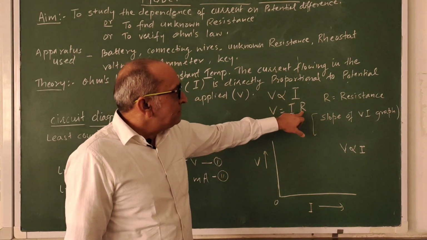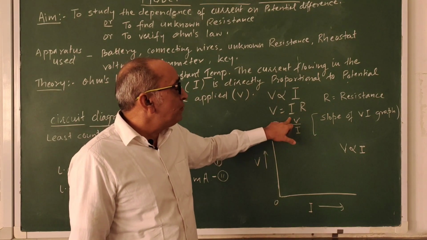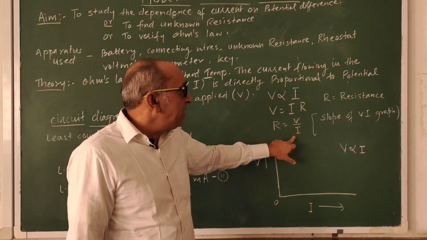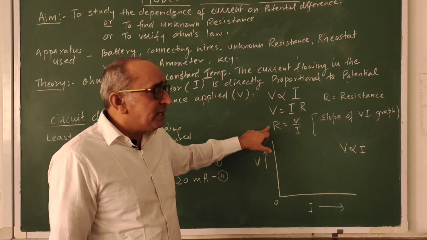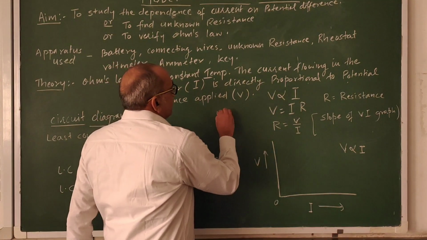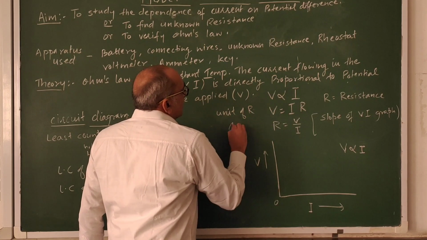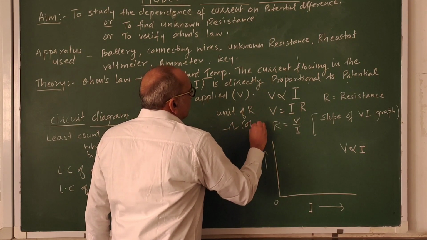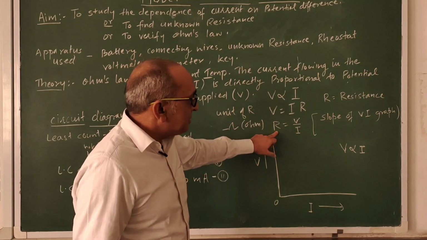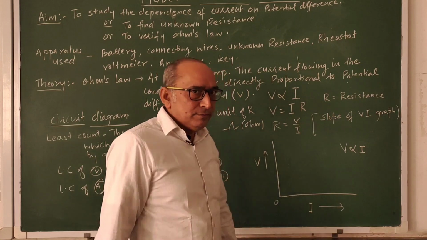And we can find mathematically the resistance as ratio of V and I. V upon I will give you the value of resistance, and the unit of this resistance is ohm. This R we can also find from the slope of VI graph.